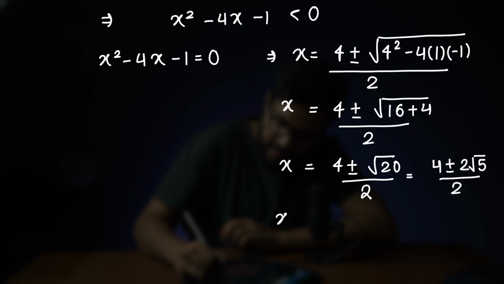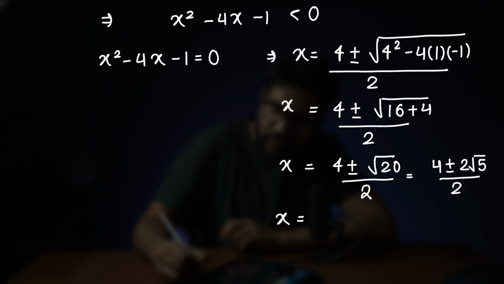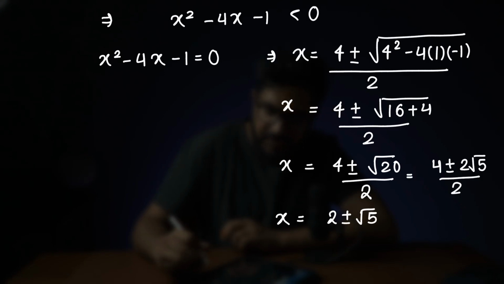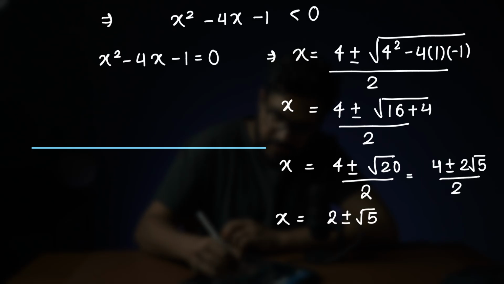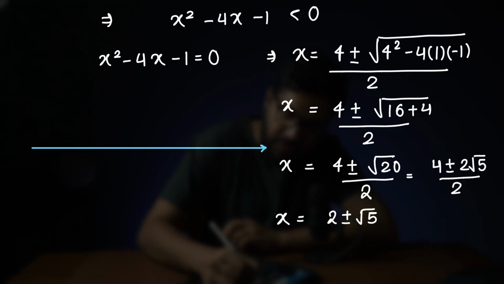So dividing 4 by 2 and 2√5 by 2, we have 2 ± √5. So we have two solutions. In this case, the parabola is crossing the x-axis at 2 points, 2 + √5 and 2 − √5.